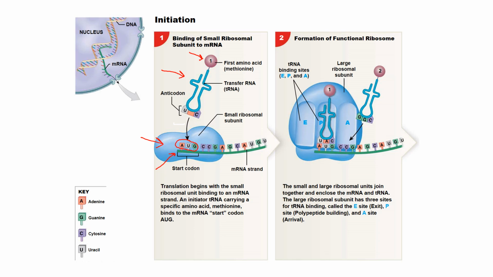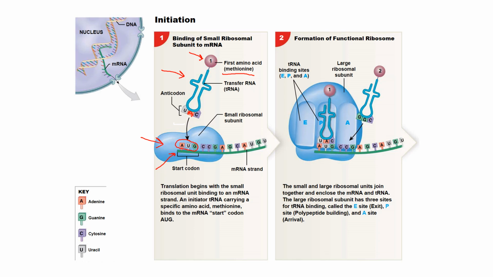Then U on the mRNA means this is supposed to be a UAC on the tRNA's anticodon. And then the G to C. So only this tRNA is able to bind here, only if it has the UAC as its anticodon. And then the UAC matches to the methionine amino acid.